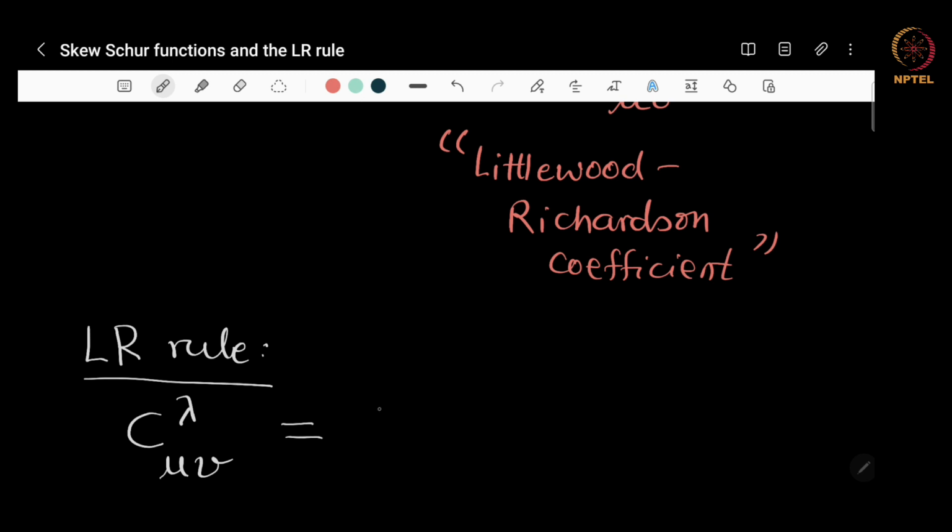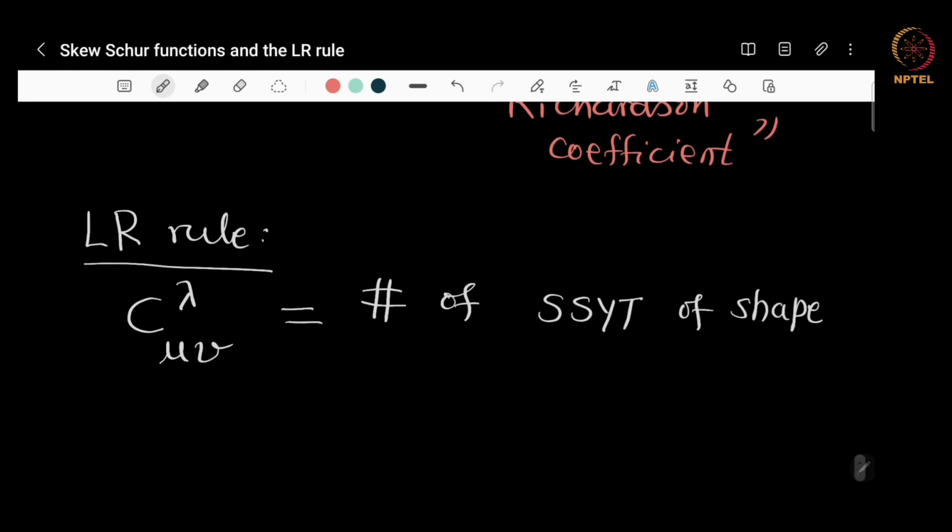It is the number of semi-standard Young tableaux of skew shape, so this is now of shape lambda minus mu, and type mu.